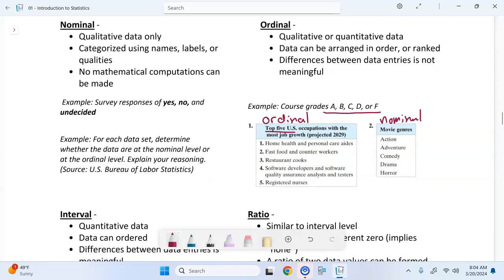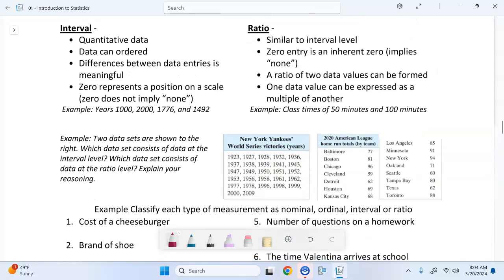The next 2 levels of measurement we have are interval and ratio. So these are going to be quantitative data only. Interval and ratio. They have to be numerical. Okay? Quantitative data. So on the interval, we have quantitative data and the data can be ordered, so we're kind of adding to that ordinal value.